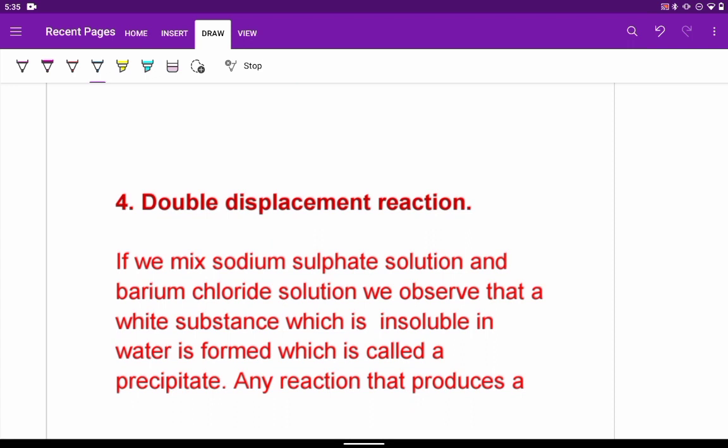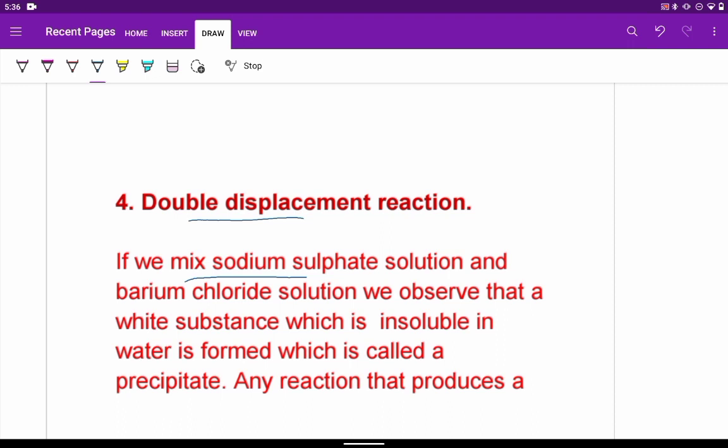Fourth type, double displacement reaction. If we mix sodium sulfate solution and barium chloride solution, we find that a white substance insoluble in water is formed.